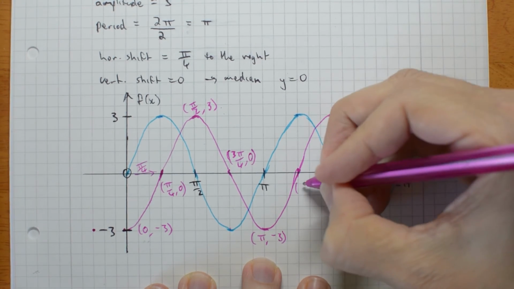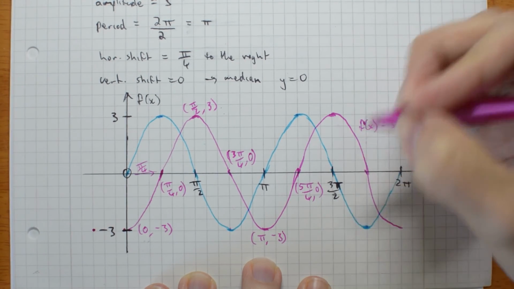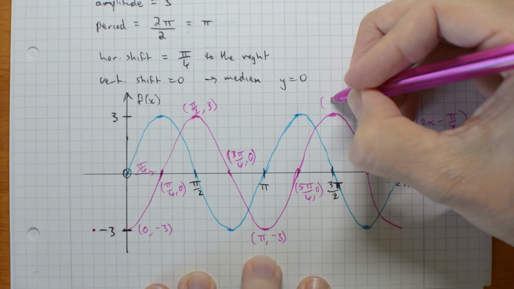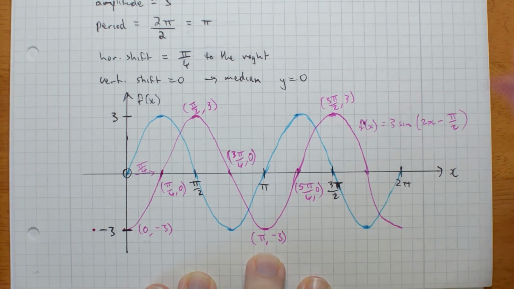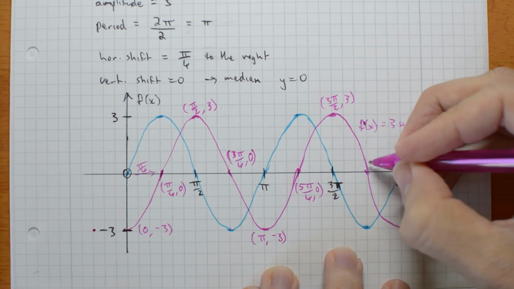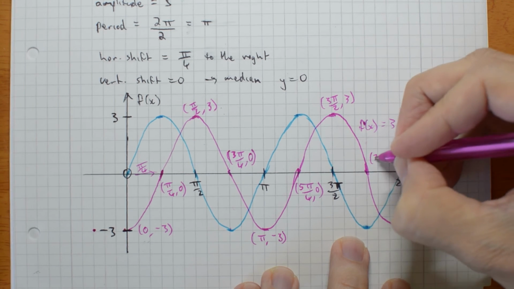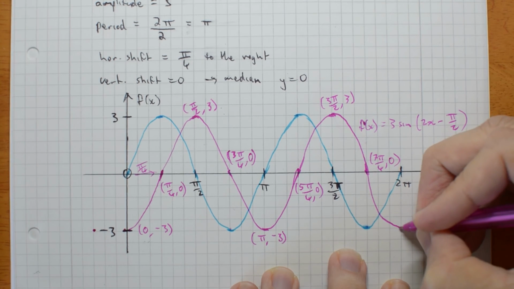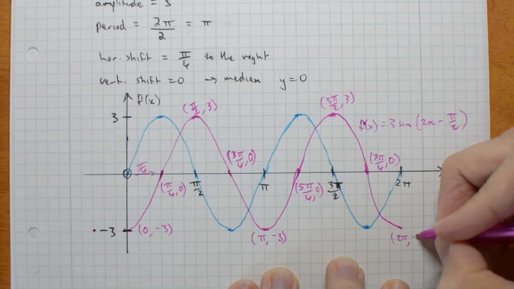This 0 is 5 pi on 4, 0. This maximum is, what am I up to? Oh no, it's here, 3 pi on 2, 3. This 0 crossing point here is 7 pi on 4, 0. And we finish down here at a minimum of 2 pi, negative 3.